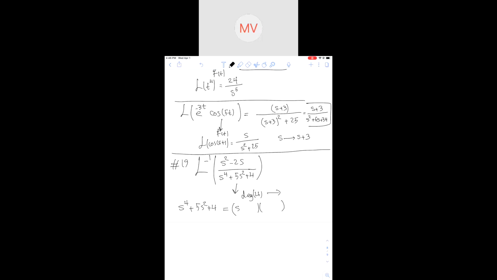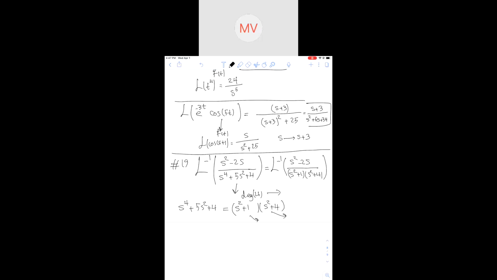Oh, it's quick: s squared plus 1, s squared plus 4. Right? So that's the Laplace inverse of s squared minus 2s over s squared plus 1 times s squared plus 4.